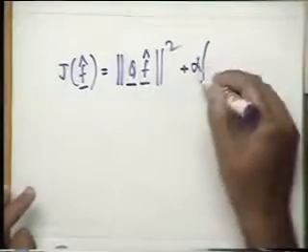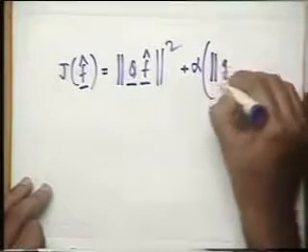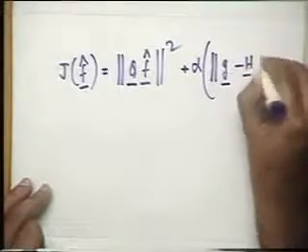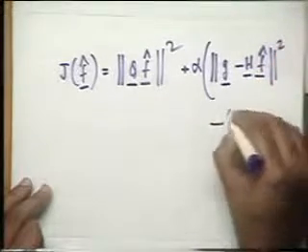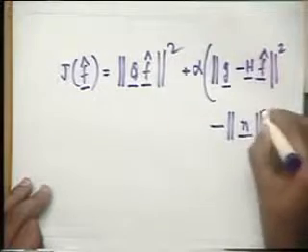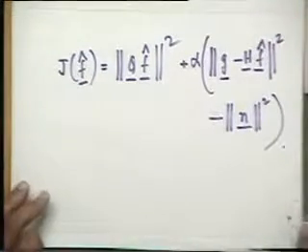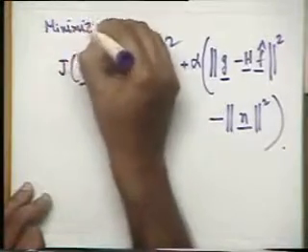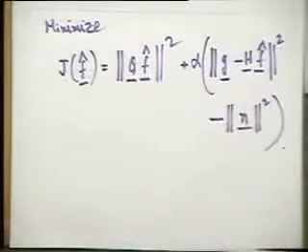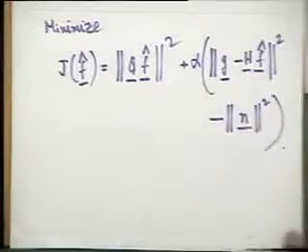So this is ||Q f hat||² plus alpha times (||g − H f hat||² − ||n||²). This is what we are going to minimize. So our problem now is to minimize this entire expression. If we can minimize this, obviously we are minimizing this under this constraint.